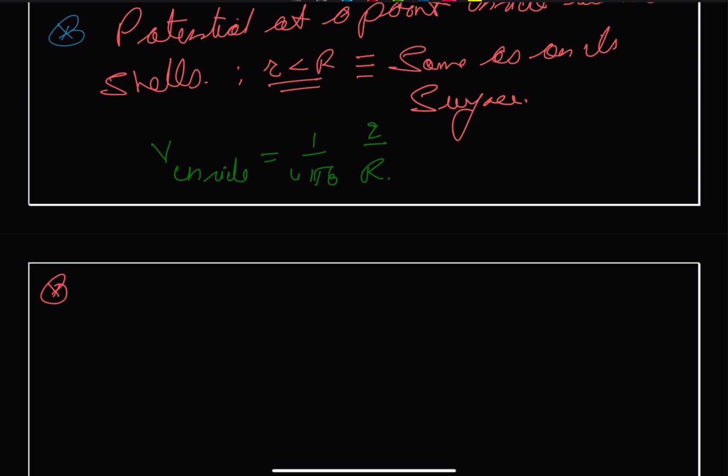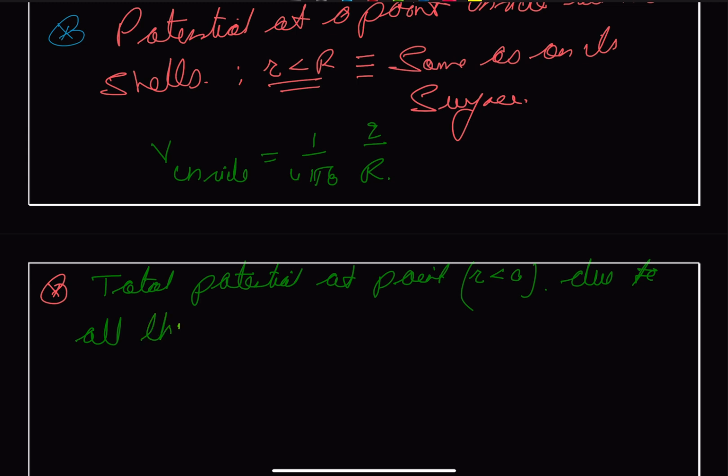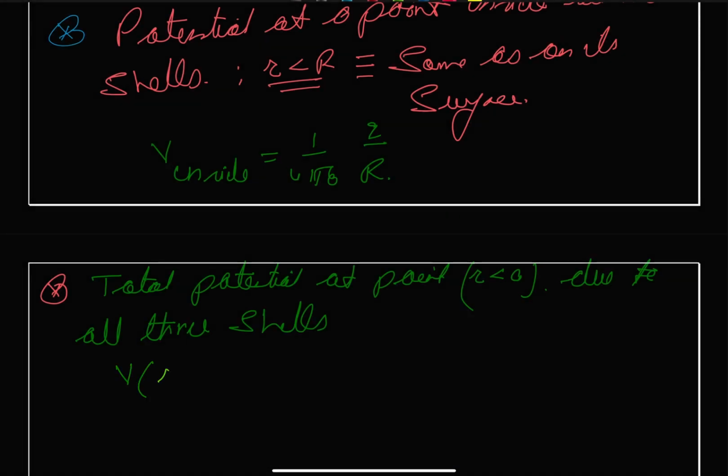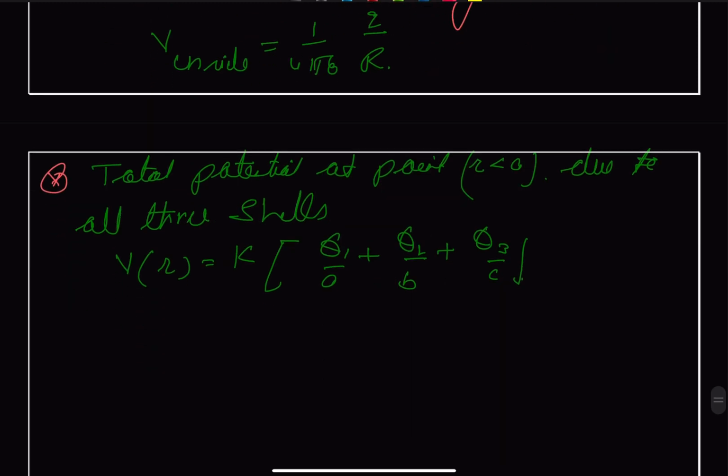So the total potential at point r, which is less than A, due to all 3 shells, is V of r equal to K times Q1 upon A plus Q2 upon B plus Q3 upon C. Basically it means the potential due to A, B and C. And Q1, Q2 and Q3 we already know.